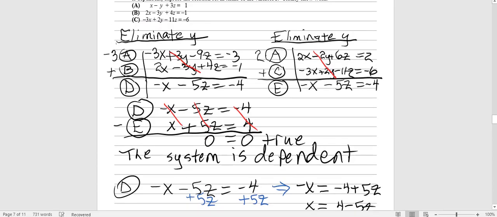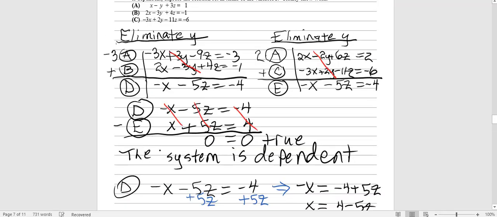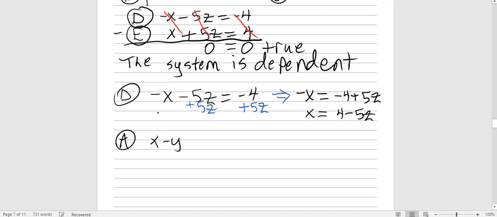So I'm going to go to equation A, which is x minus y plus 3z equals 1. And I'm going to let x be 4 minus 5z.